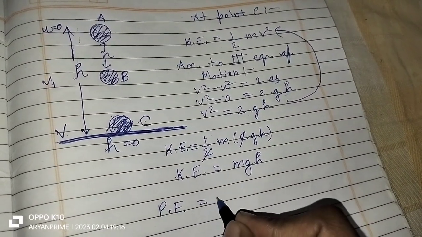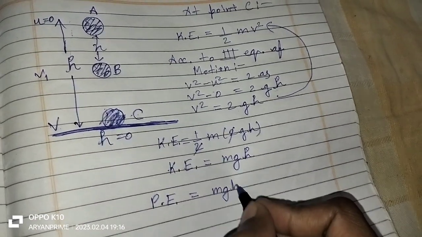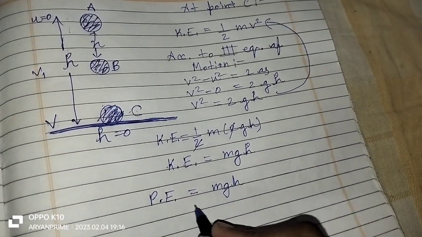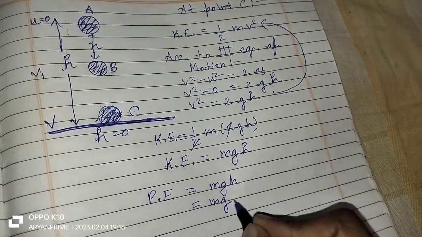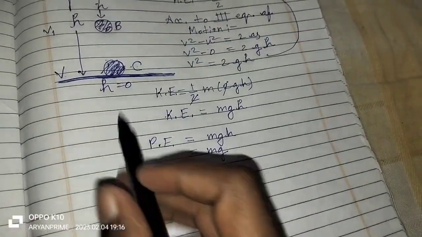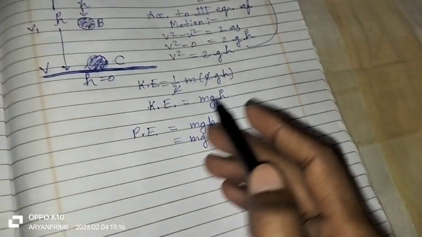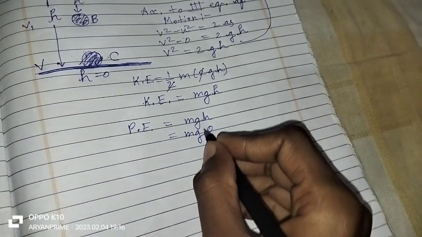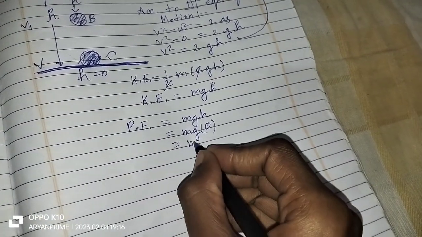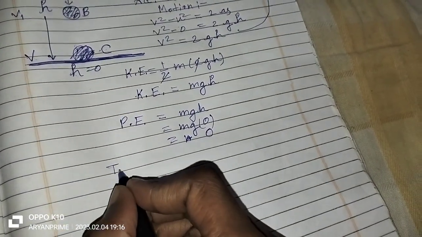So what is the potential energy at point C? Potential energy is mgh, and the potential energy is 0 because the object completed the whole height, and I said earlier that h is 0. So the potential energy of object C is 0.